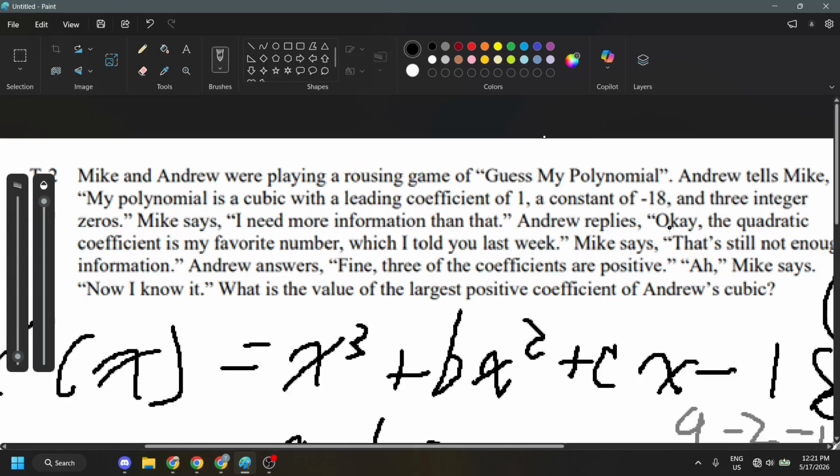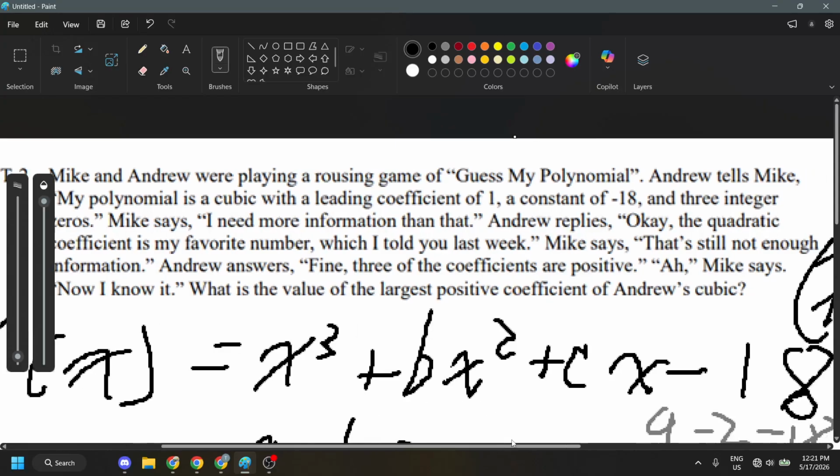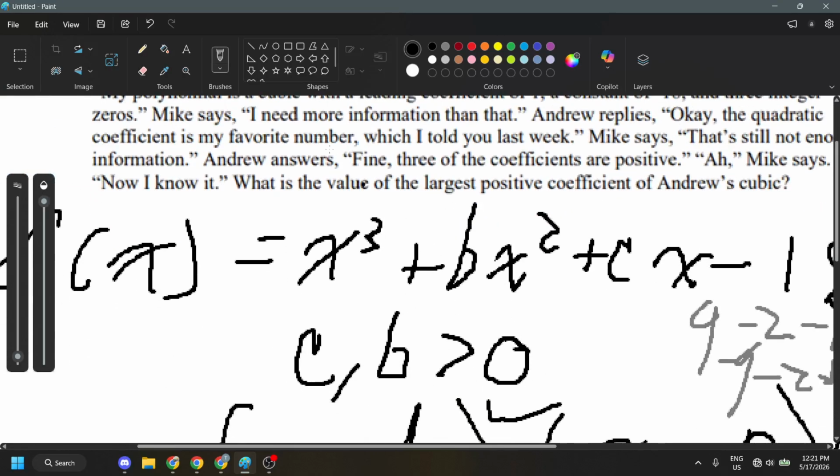Oh, okay. What this is telling us, it's not really telling us it's an integer, but that doesn't matter. It's telling us that if we know the quadratic coefficient, we can't determine what it is. So if we know b, we can't determine c.